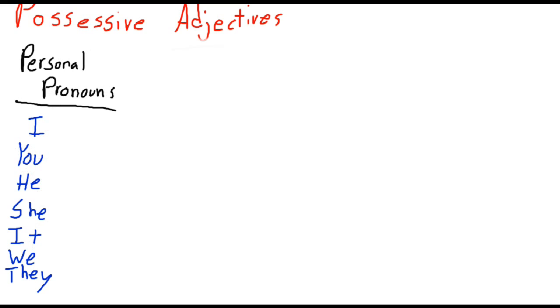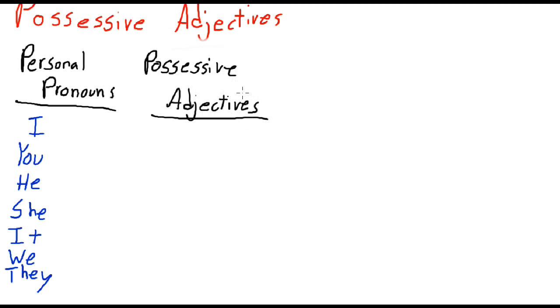Now we also have possessive adjectives. So let's take a look at this. Possessive adjectives. Okay, now what are the possessive adjectives in English? Well, if we go through them, let me make some lines, make it a little clearer to see.